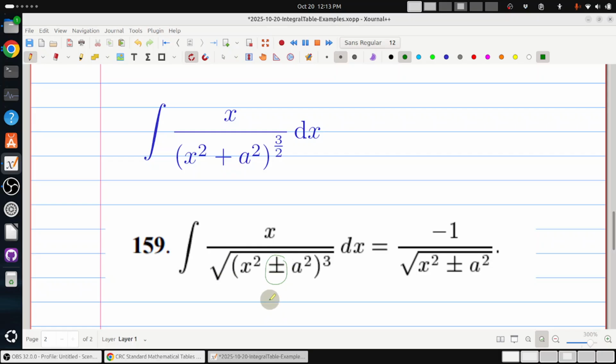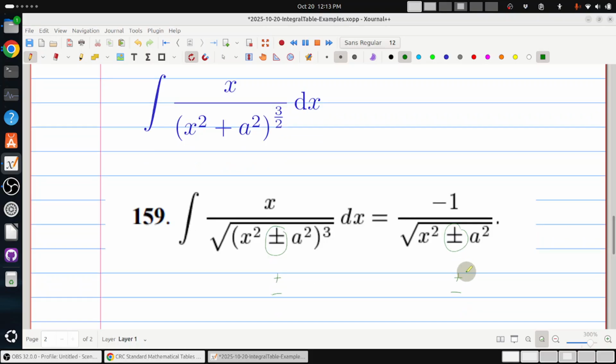So if I've got a plus, then it's plus. If I had a minus sign, then I would use the minus sign. Occasionally you'll have one where the solution has a minus plus, which means if you had a plus to start with, you've got a minus for your solution, and if you had a minus to start with, you'd have a plus. We don't have to worry about that one so much.